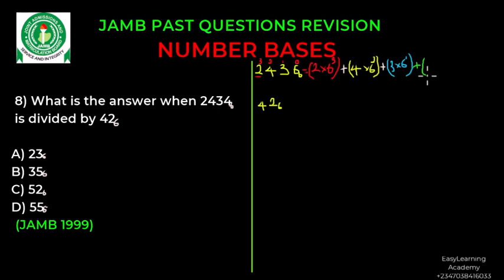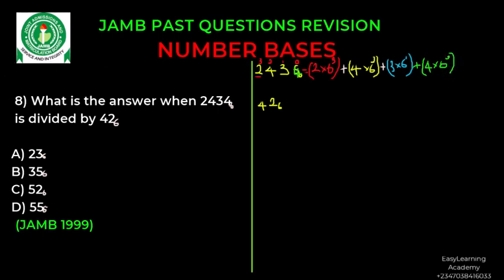Next, that's the last number. The last number is 4. Please, this is 4, not 6. This number here is 4 because you're having 4 here, please, not 6. So now we have 4 times, as usual, the base that we are given, raised to power 0. Okay, we're done with the first step.